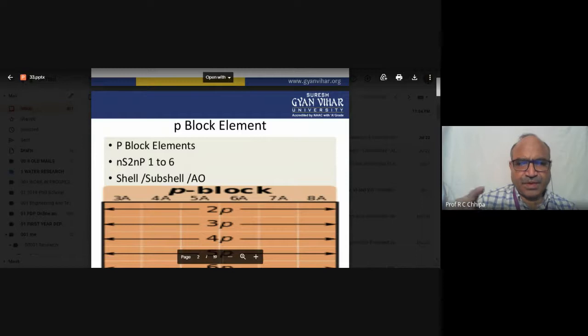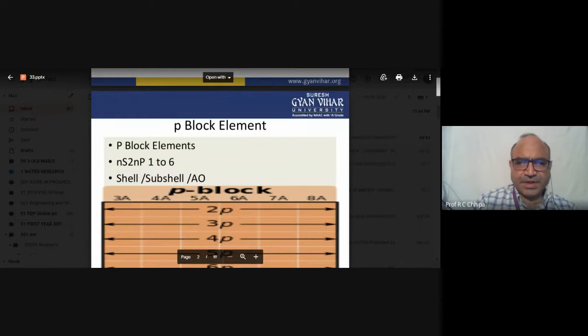The modern periodic table was earlier configured into third A, fourth A, fifth A. Now 2p relates to the second period, 3p to the third period, the fourth period, and so on.